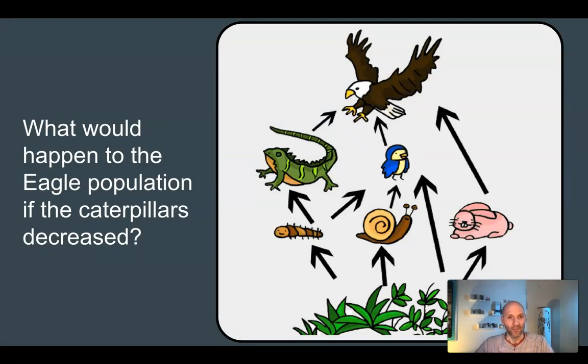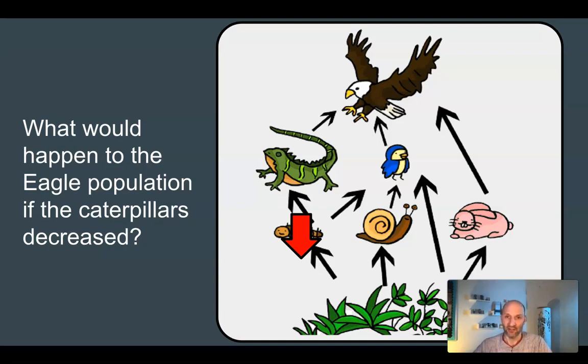So in this question, what would happen to the eagle population if the caterpillars decreased? Now this one's a bit tricky because eagles do not eat caterpillars. So I have to think, what is the connection between caterpillars and eagles? I'm thinking about it like a maze. Well, I can see that caterpillars are eaten by lizards, and lizards are eaten by eagles, so there's one possible pathway.